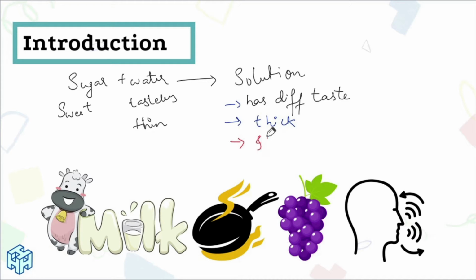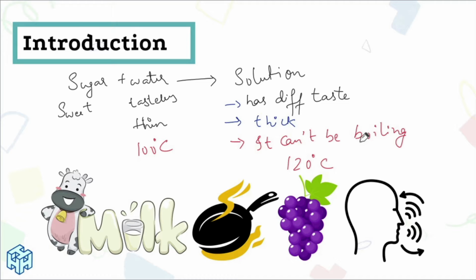Now it can't be boiled easily. For example, water boils at 100 degrees centigrade. This can be boiled at 120 degrees centigrade. That means it can't boil at a normal 100 degrees centigrade.